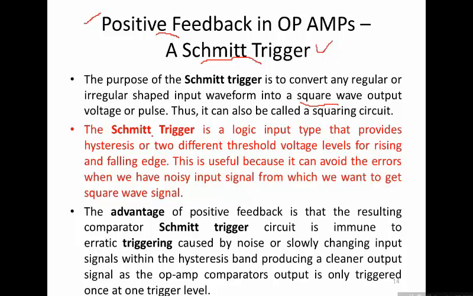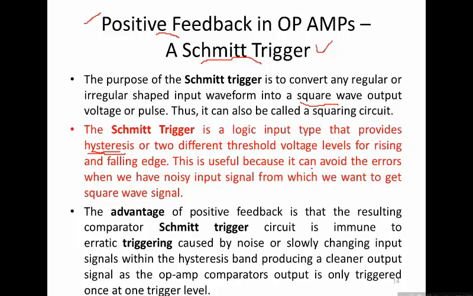The second function of the Schmidt trigger is that it is a logic input type that provides hysteresis, or two different threshold voltage levels for rising and falling edges. This is useful because it can avoid errors when we have a noisy input signal from which we want to get a square wave signal.